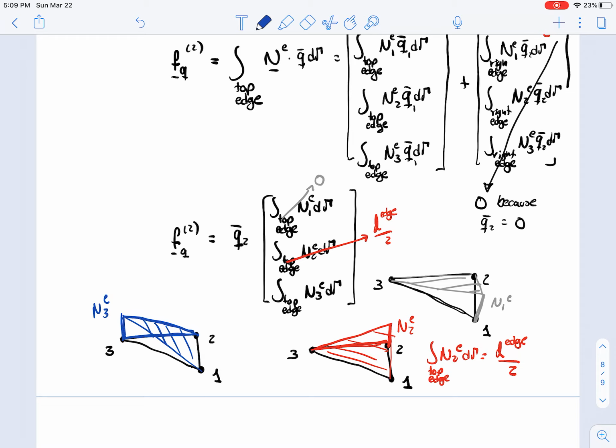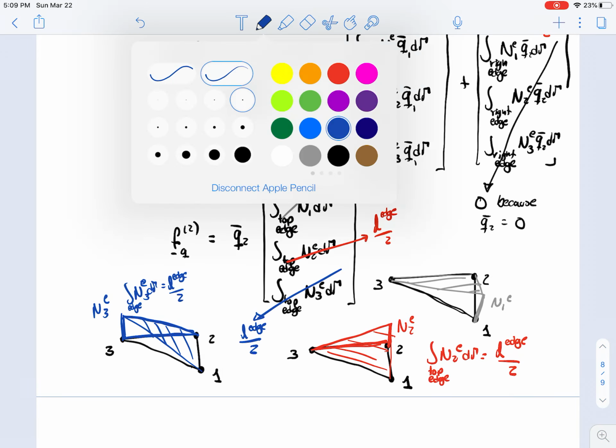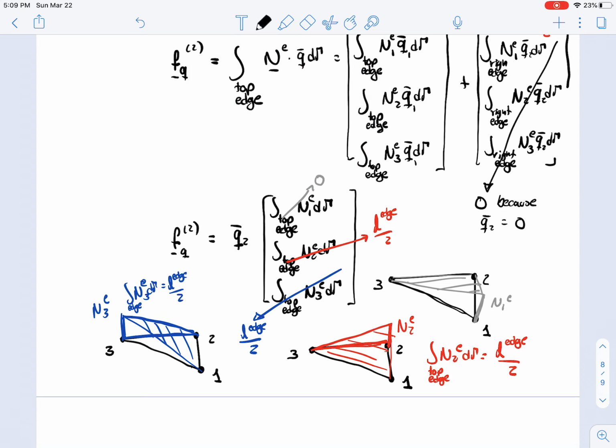And so I only care about this triangle right here, and then the integral over the edge of N3 is actually also the length of the edge over 2. So this is also length of the edge over 2.